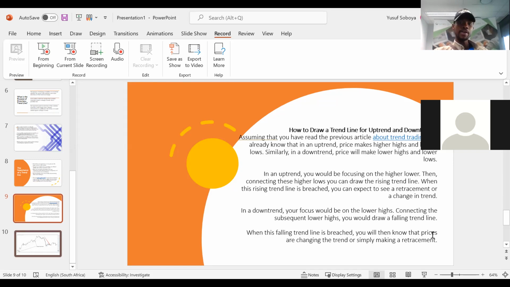In a downtrend, vice versa, your focus would be on the lower highs, connecting the subsequent lower highs. You would draw a falling trend line. When this falling trend line is breached, you will then know that the price is changing trend or simply making a retracement on the market.